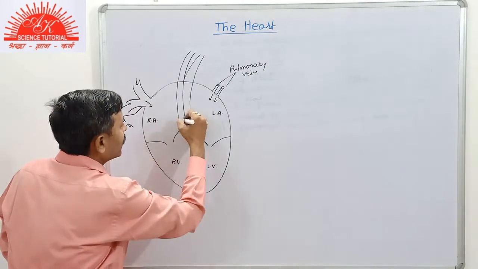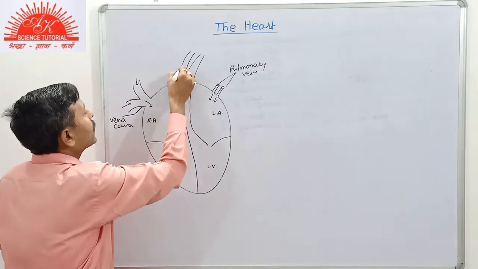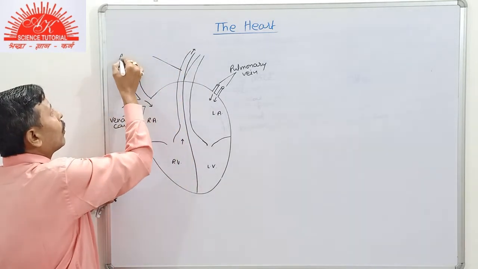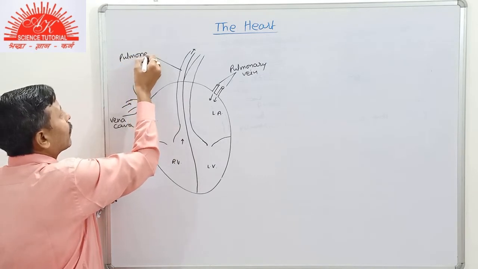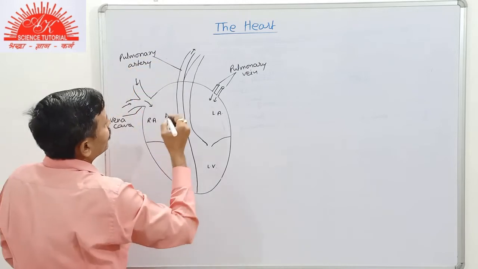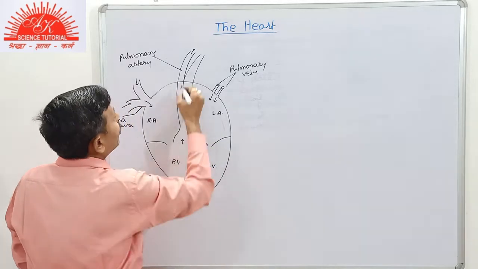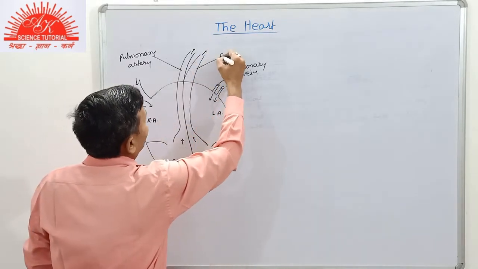In this part, from here the blood is carried to the lungs, and that is called the pulmonary artery. And from the left ventricle the blood goes to different parts of the body or tissues, and that is called the aorta.